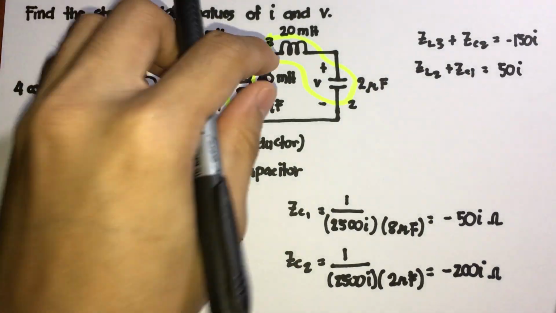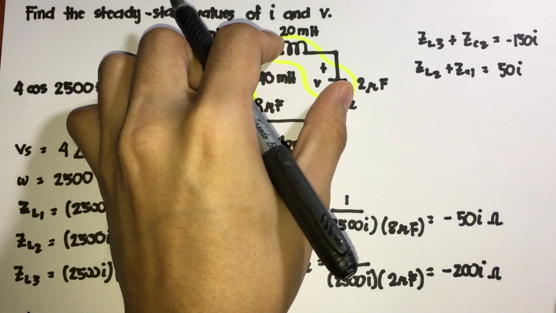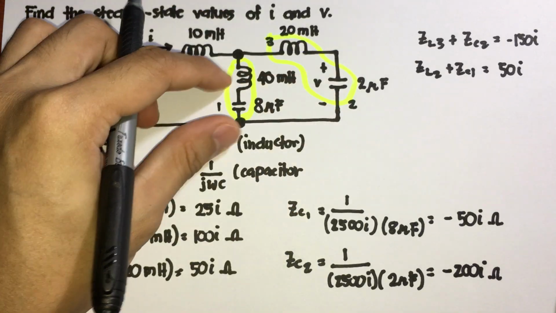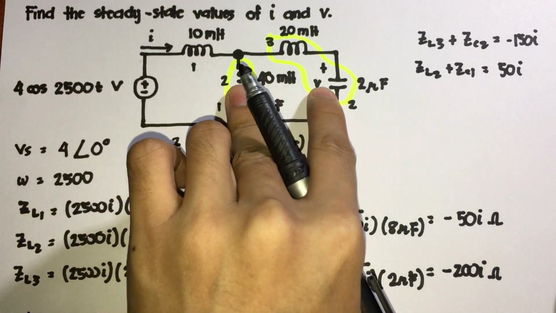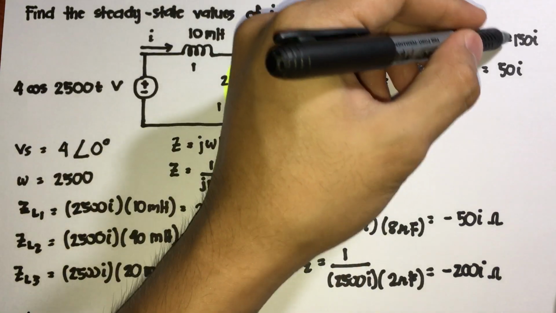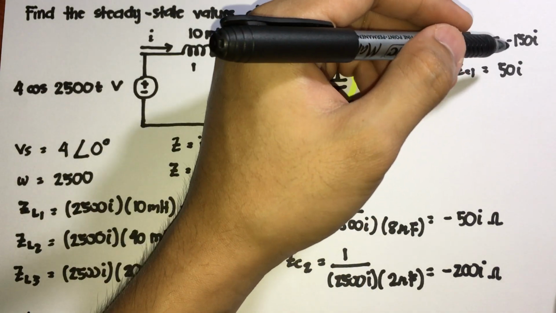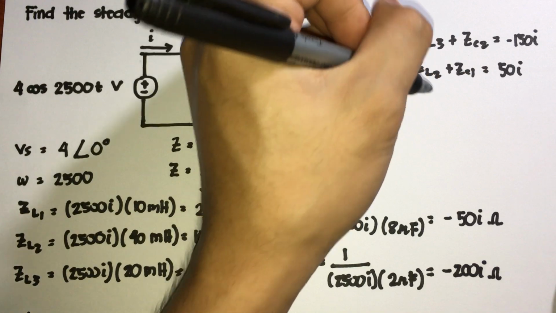Now imagine that these two series are already combined. We can perform a parallel combination on these two obtained values.